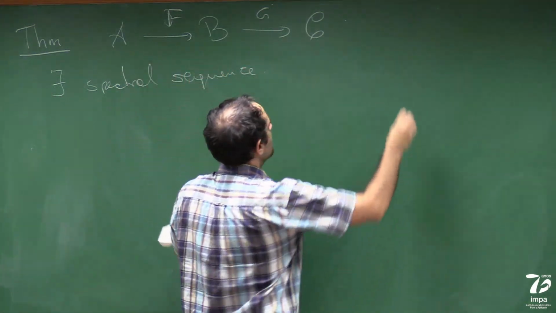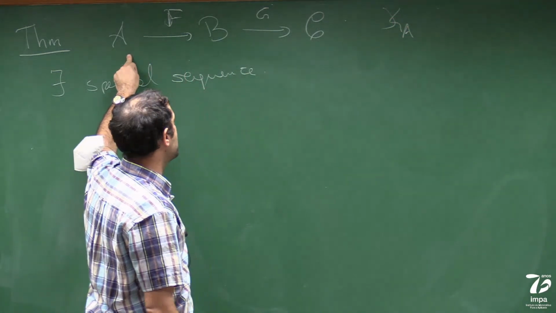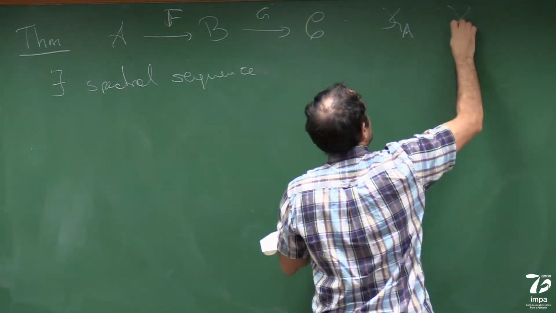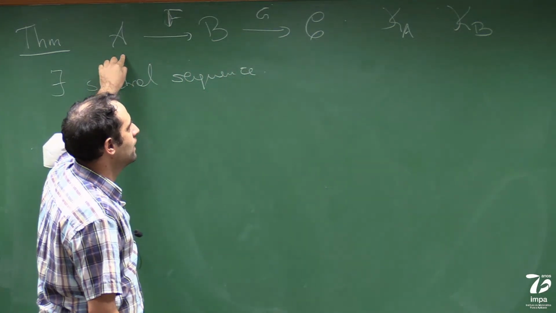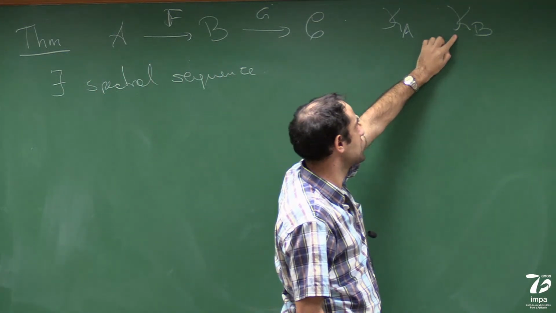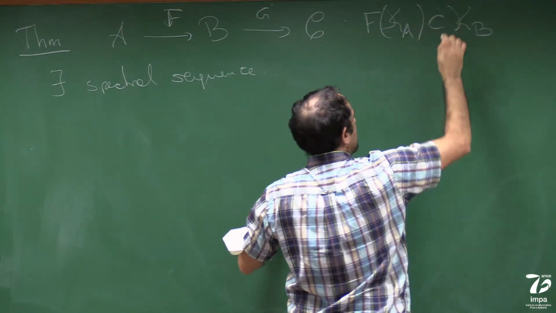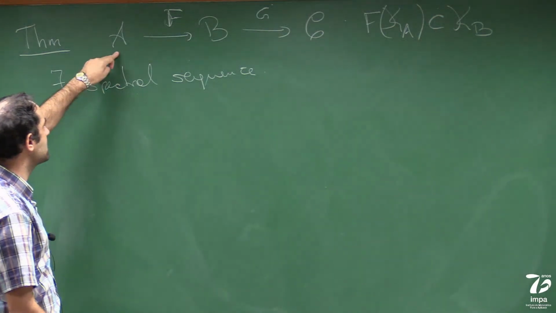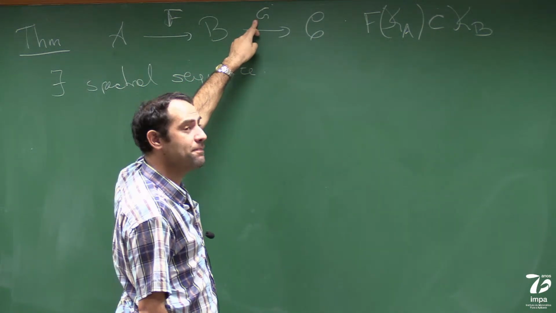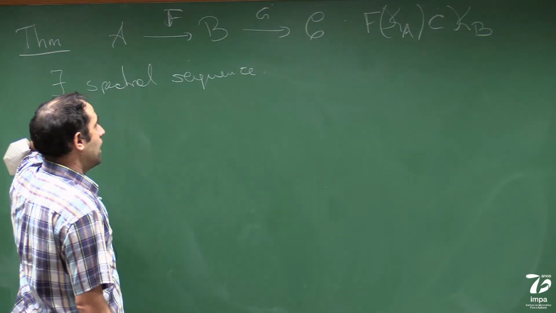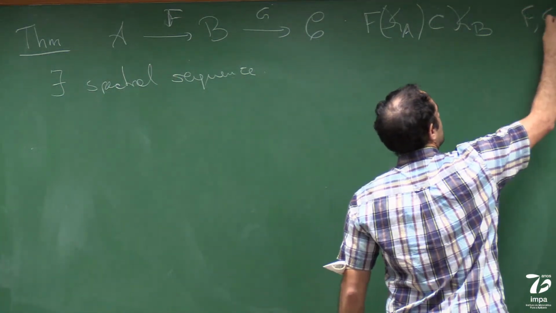The assumptions again was that I had an adapted category to A and an adapted category to B. Typically, this guy would be just injectives in A, and this guy might be larger than just injectives in B. But the condition is that F of this is inside of this. It takes a complex of injectives in A to something that is adapted for the functor G in B. And this F and G, of course, are left exact.